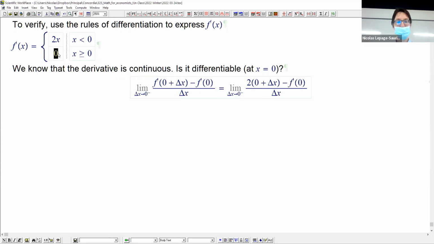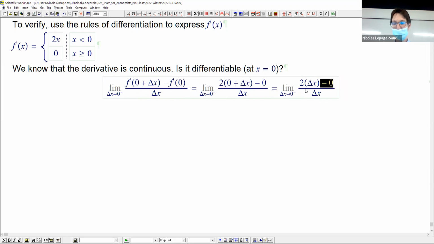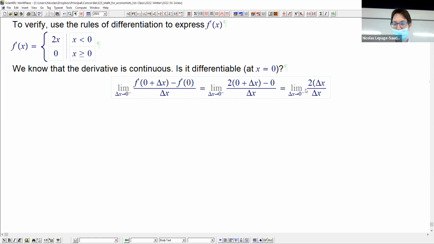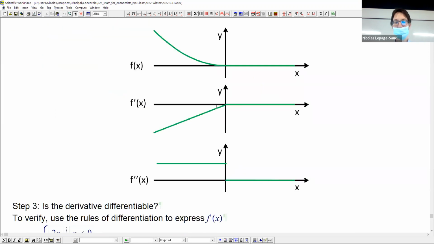Well, it's 0, divided by delta x. So the 0 disappears. What do I get? I get 2. It's what I've already seen there. So the derivative here is going to be 2.